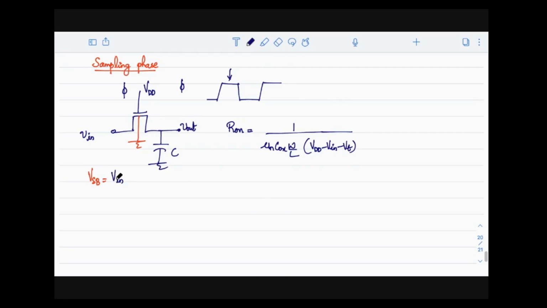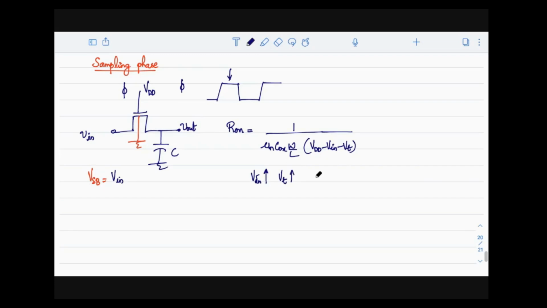Now, if you consider these two things, as Vin increases, what will happen to VT? As Vin increases, definitely you can see the on resistance will change. The threshold voltage depends on the substrate body potential. Since Vin is equal to VSB, as Vin increases, you can see that the threshold also increases.